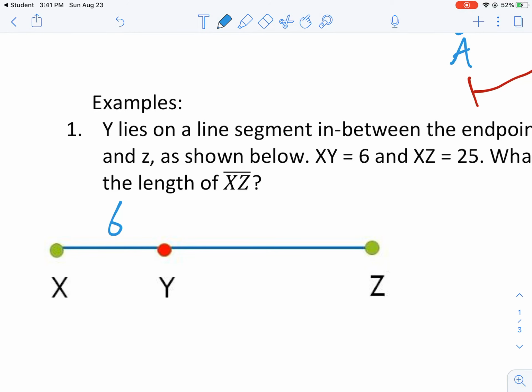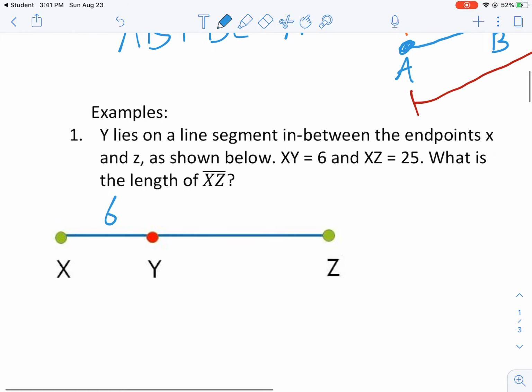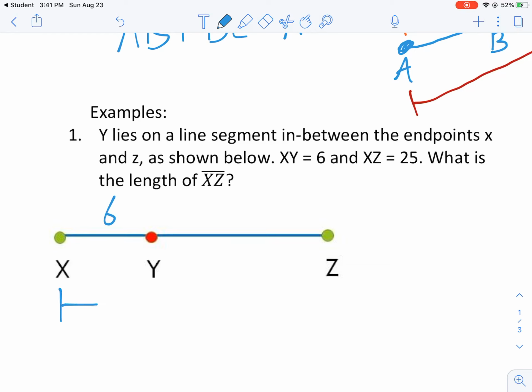And then it also tells us that XZ is equal to 25. That is the whole segment. Then it says, what is the length of XZ? That's wrong. That should say YZ. That's my fault. What is the length of YZ?